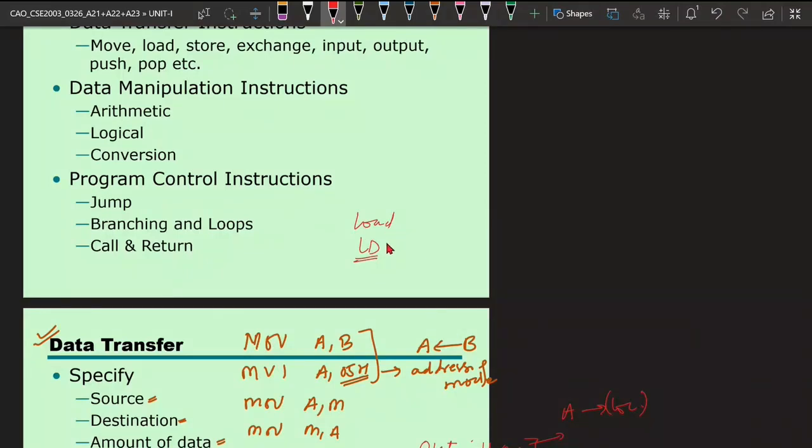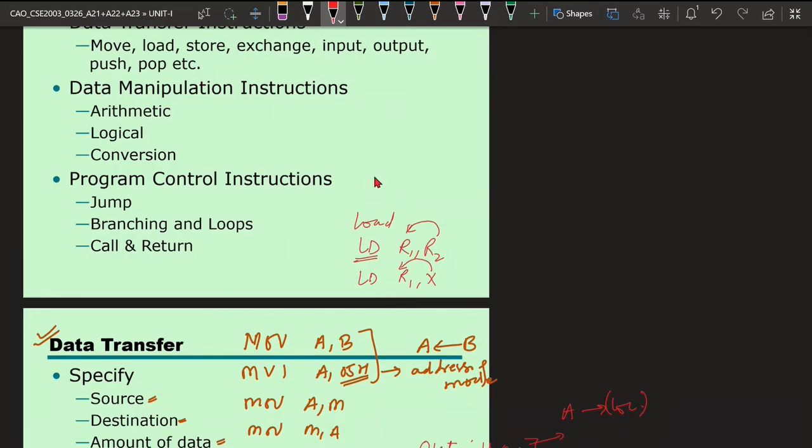Once we have the load, after that we will be using some registers, like load R1 comma R2. Load R1 comma R2 means it will be loading R1 from R2. Suppose it wants to load the data from a memory location to R1, then it will be like, suppose X is the memory location, it will be taking the data from the X memory location to R1. So this is how load is used.